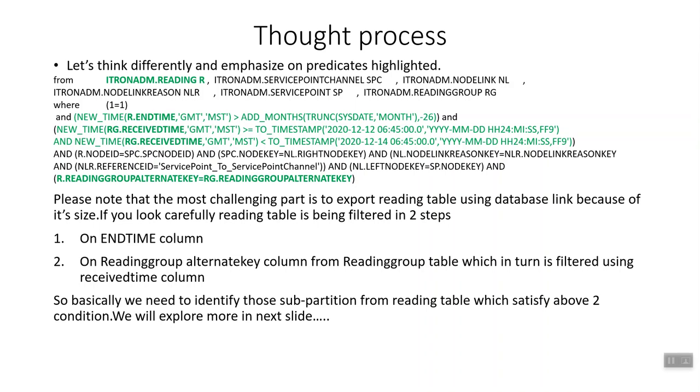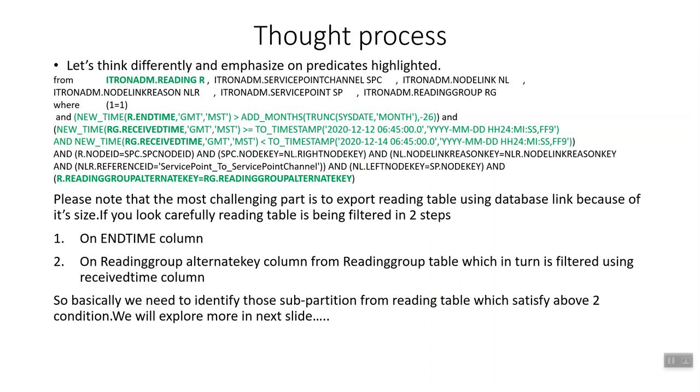Basically there are two conditions. One is with the end time column: you need to select only 26 months of old data, which is being satisfied using this add_months function. I repeat again.